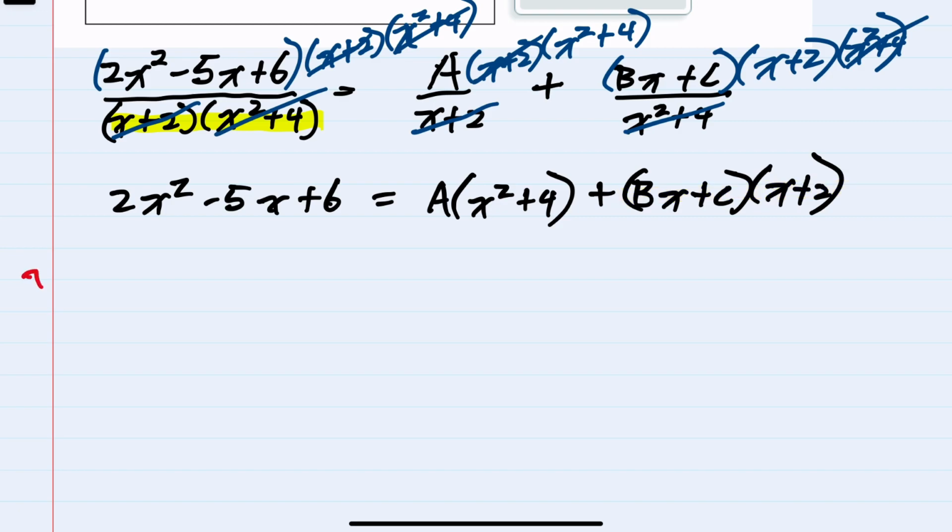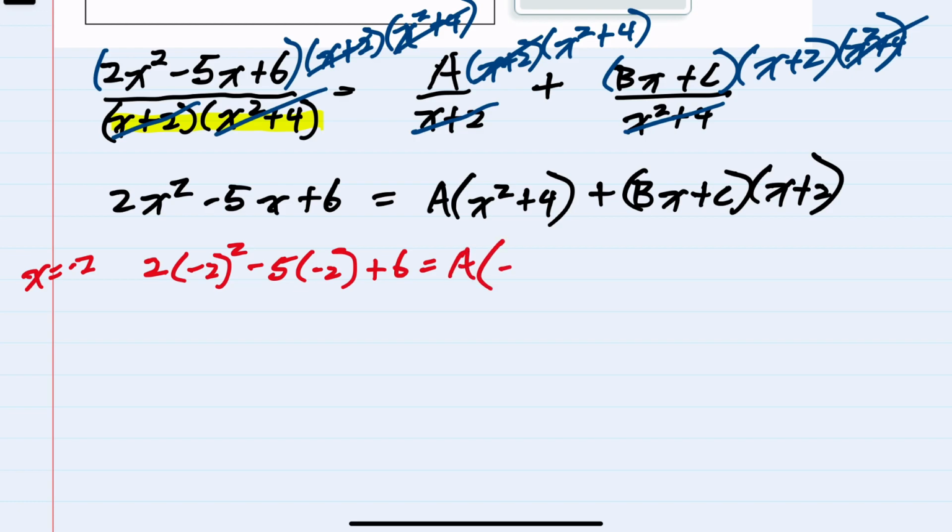So substituting in x equals -2 on both the left-hand side and the right-hand side gives me 2 times -2 squared minus 5 times -2 plus 6 equals, on the right-hand side, a times -2 squared plus 4 inside the parentheses, and then everything here goes to 0 since -2 plus 2 is 0.